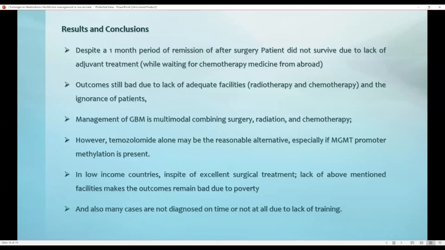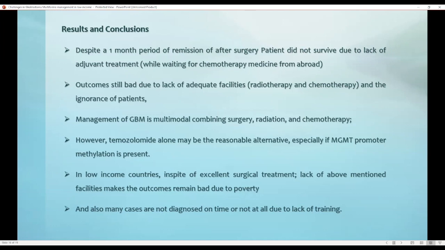So they had to order this medicine from abroad, and while waiting for the medicine, one month later the patient had a relapse, and unfortunately the patient didn't survive this problem.